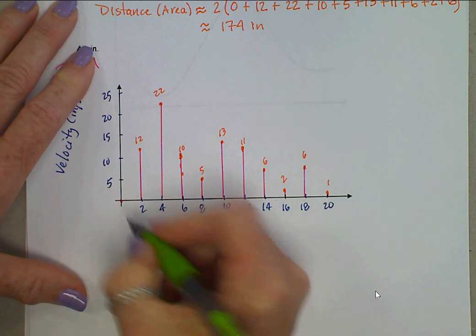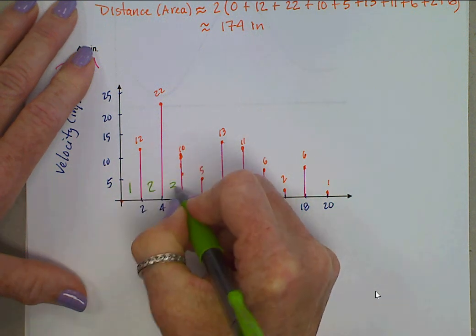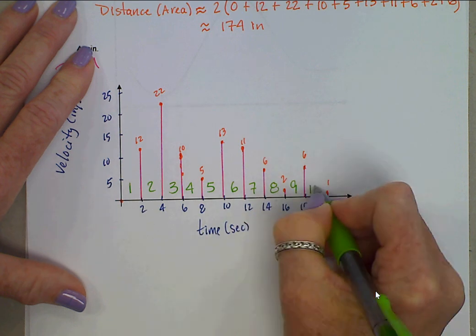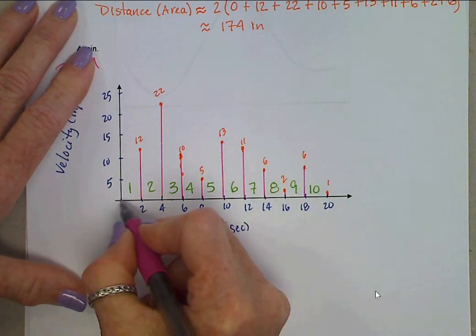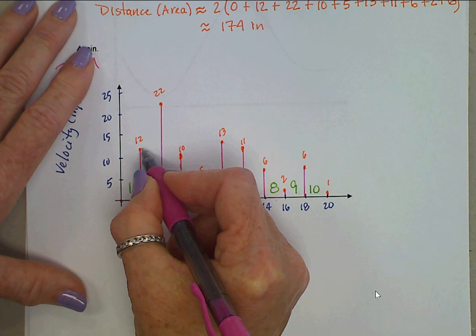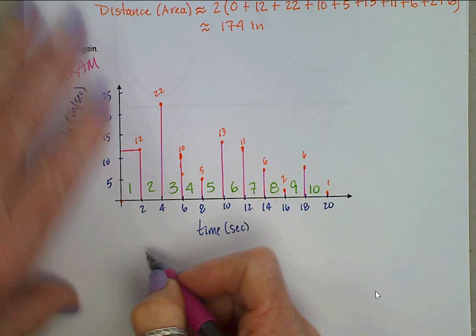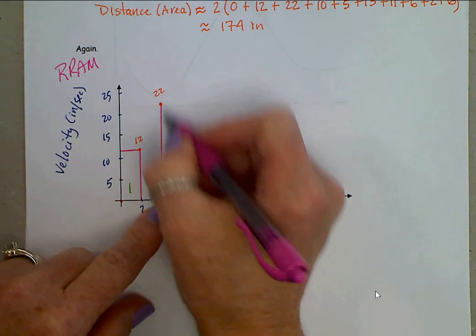So on this first interval, the right-hand side is where 2 is, so 12. There's the height of the first rectangle. Second rectangle, right-hand side, 22.